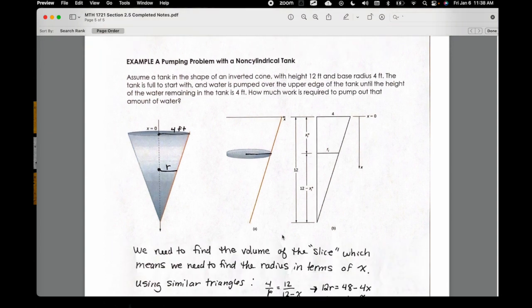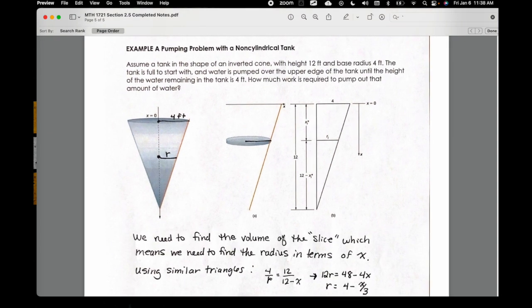Okay, so looking at this example here, we have a pumping problem with an inverted cone. It says here that the height of the cone is 12. So all this information is shown in the diagram here. So the whole height of the cone is 12. The base radius is 4. So from here to here is 4 feet.